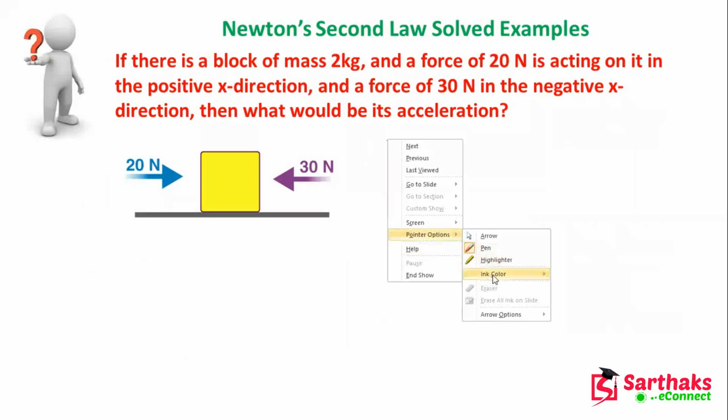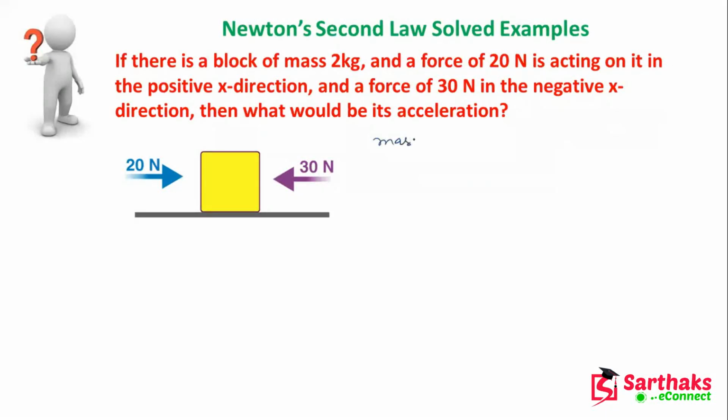So mass is 2 kg, and the forces here are 20 Newton and 30 Newton. So the net force is 20 Newton minus 30 Newton, which is minus 10 Newton.